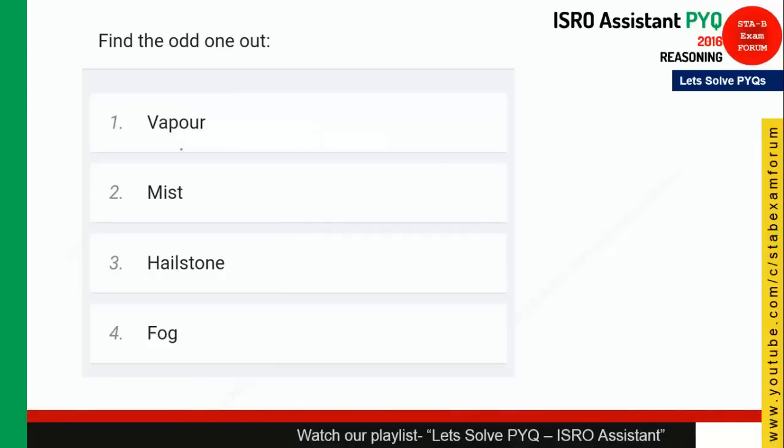Vapor, mist and fog are forms of water droplets, but hailstone is generally an ice stone, in solid form, whereas vapor, mist and fog are in gaseous form. So you can eliminate all these, and your answer should be 3, and 3 is the correct answer.